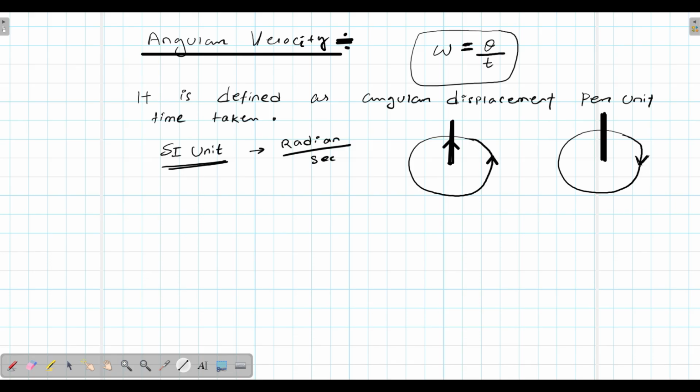For clockwise motion, it is directed inward. Angular velocity SI unit is radian per second, that is angular velocity.